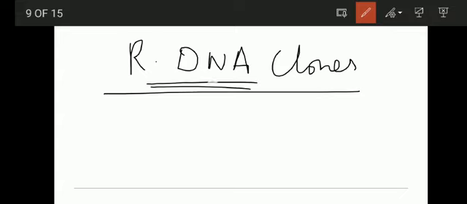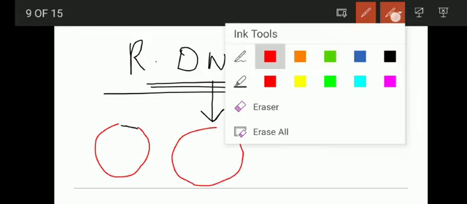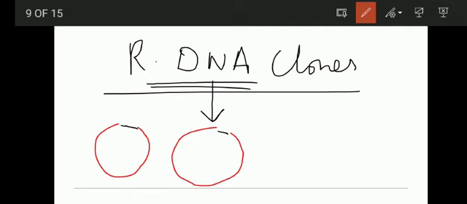So in this way, we have the recombinant DNA clones. So these are all the recombinant DNA clones.